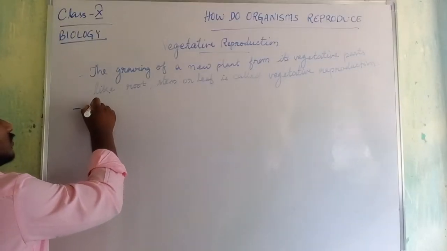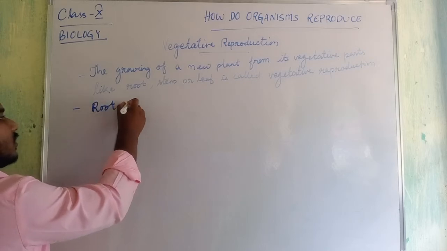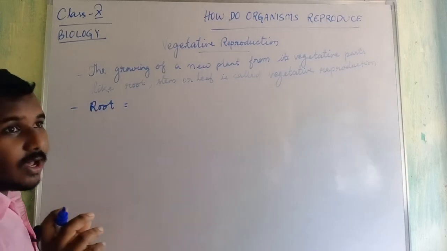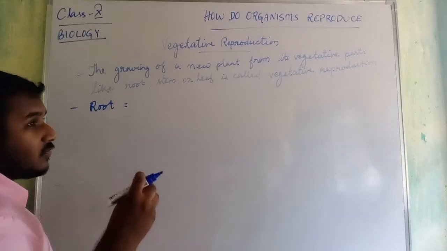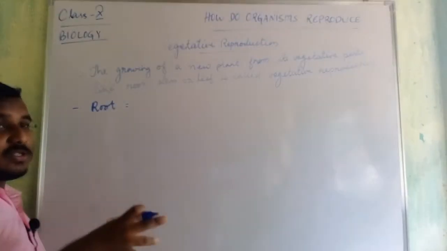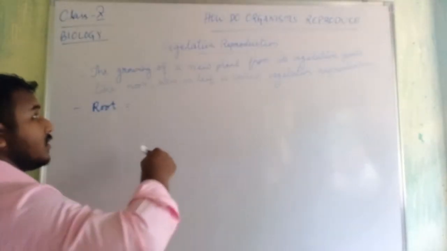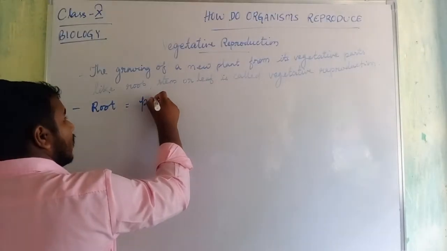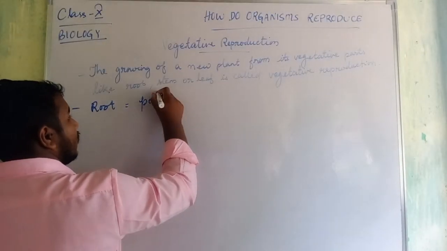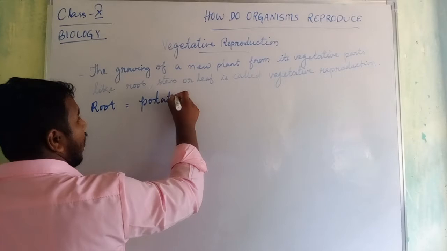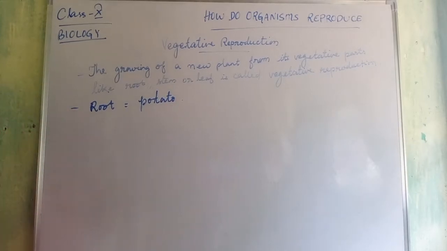First is through the roots. Okay, potato is a modified root, means when we put a potato, then so many potatoes will come nearby, so that potato cultivation is done by root.